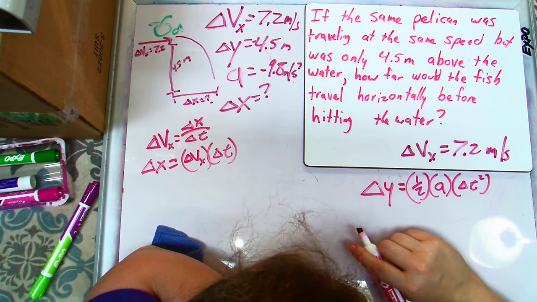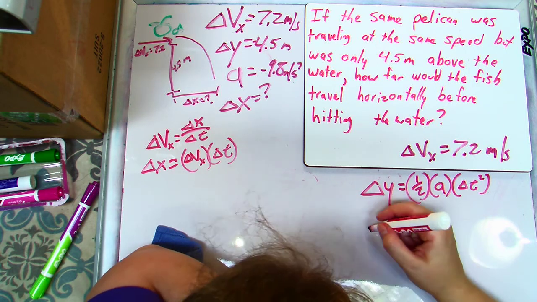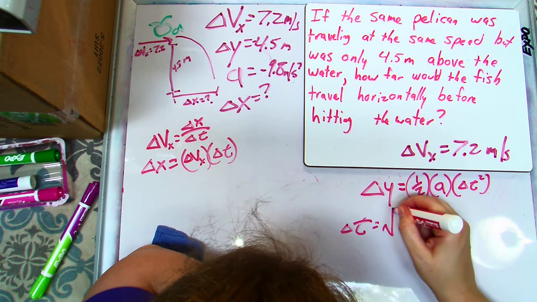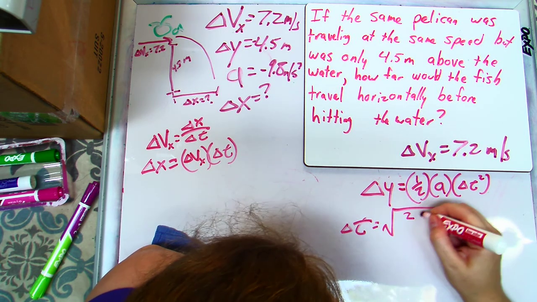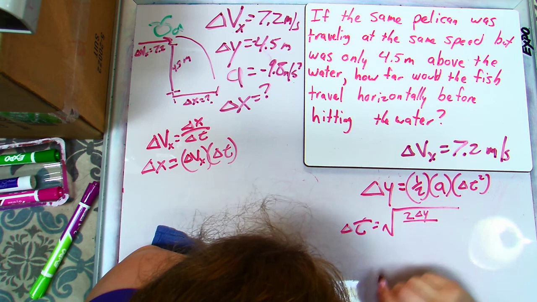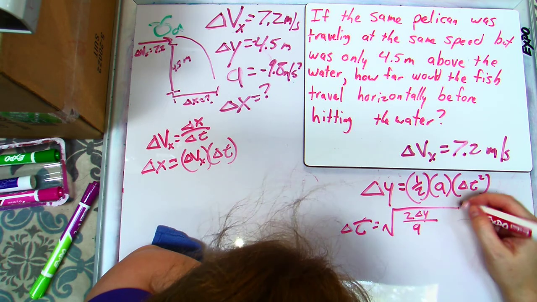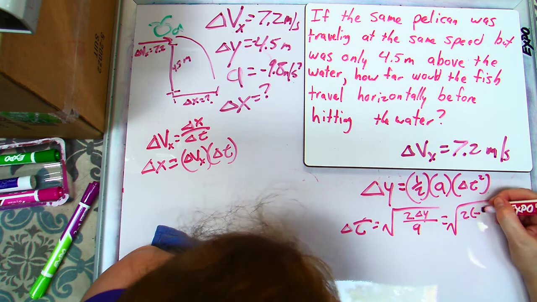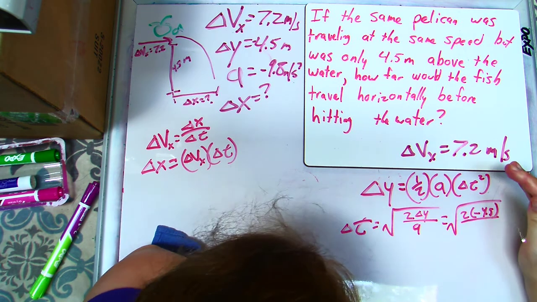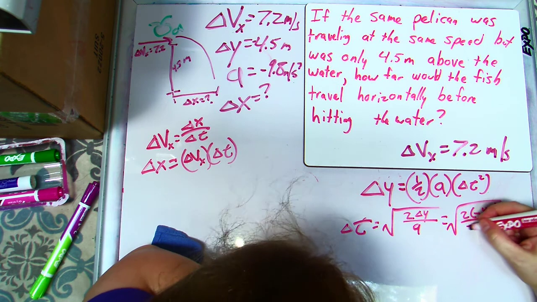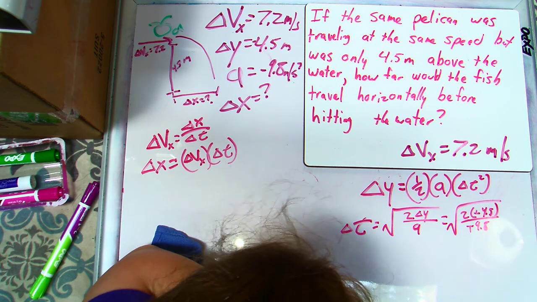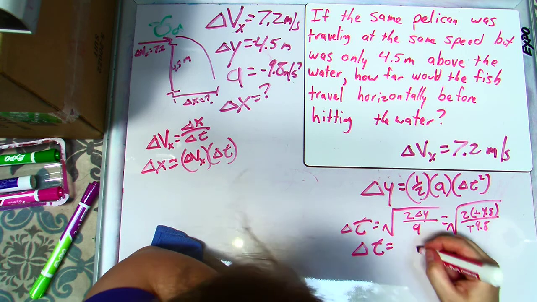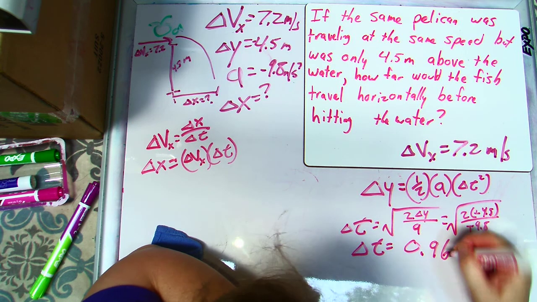We've already rearranged this before. We're not going to worry about rearranging it again or showing you step by step how to do that. We're just going to put it into what it should be. Time equals the square root of 2 times the change in y over the acceleration due to gravity. That would be the square root of 2 times negative 4.5, again, it's moving downward, divided by negative 9.8, and we are left with a time of 0.96 seconds.